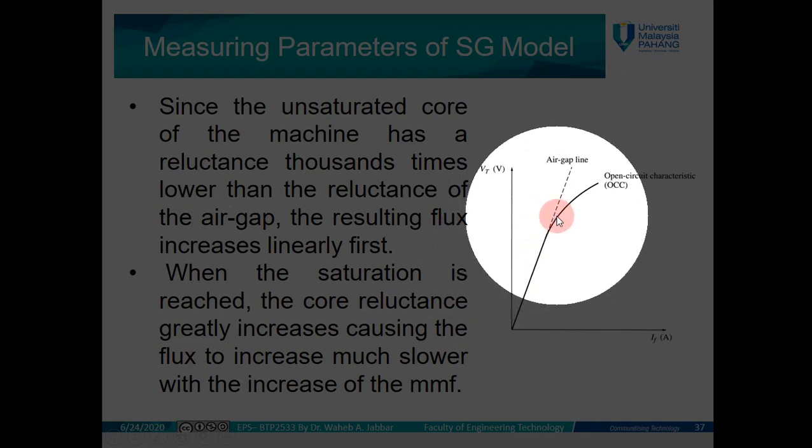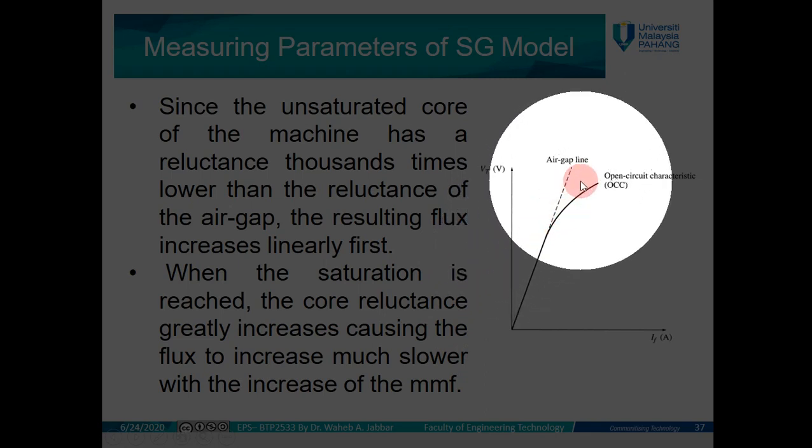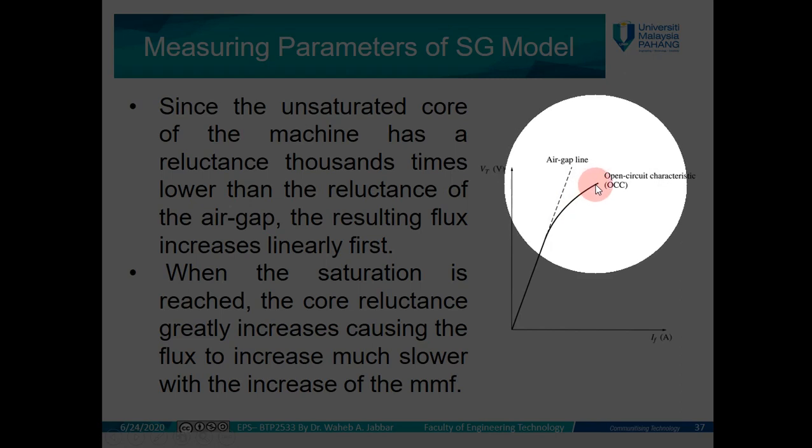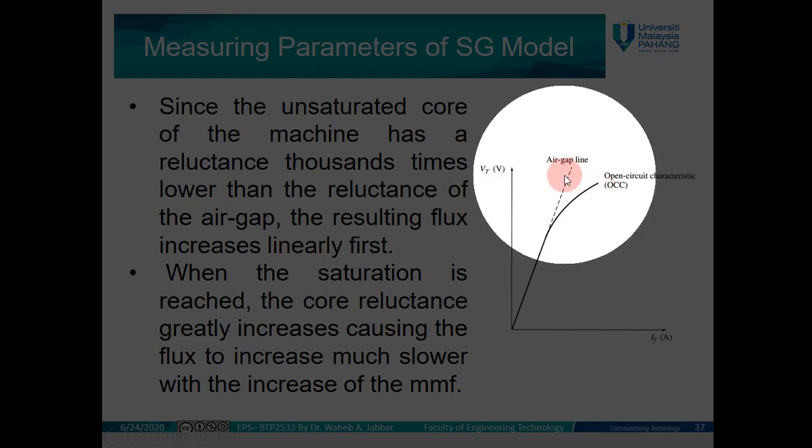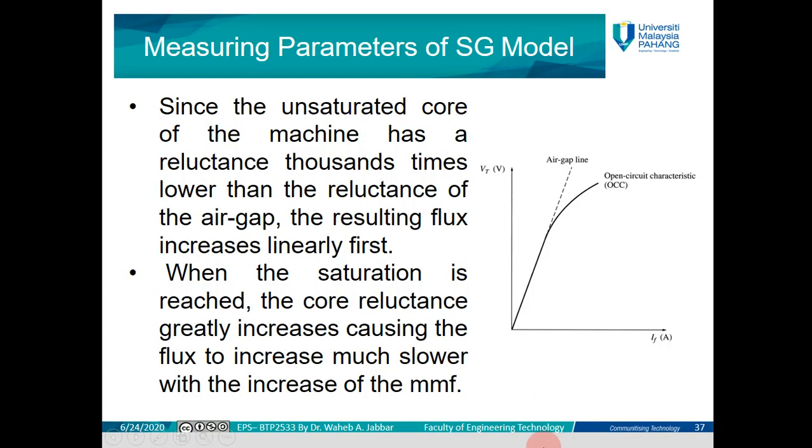Then, when it reaches the saturation point, it continues to increase but gradually, compared with the case of the reluctance of the magnetic flux in the air gap. Okay, so this is the open circuit characteristic of the synchronous generator, which is obtained by conducting the open circuit test.